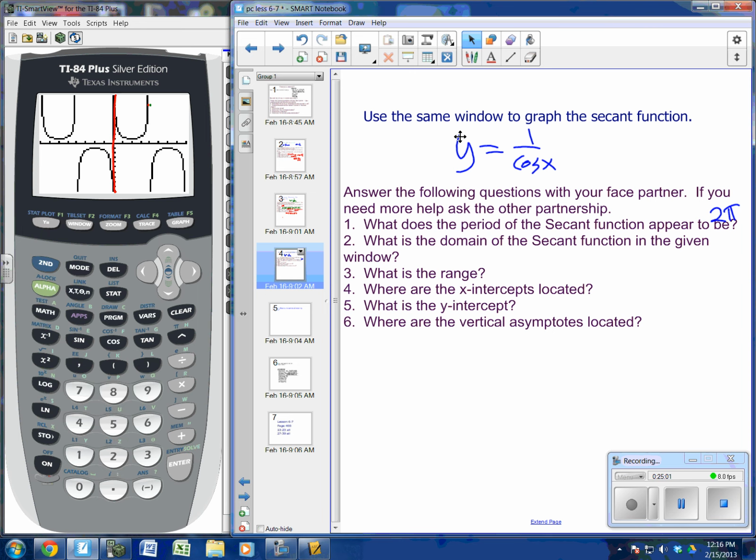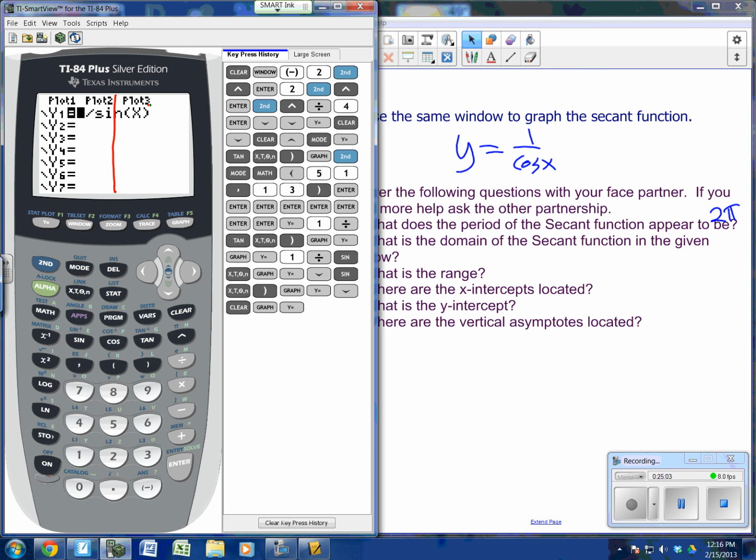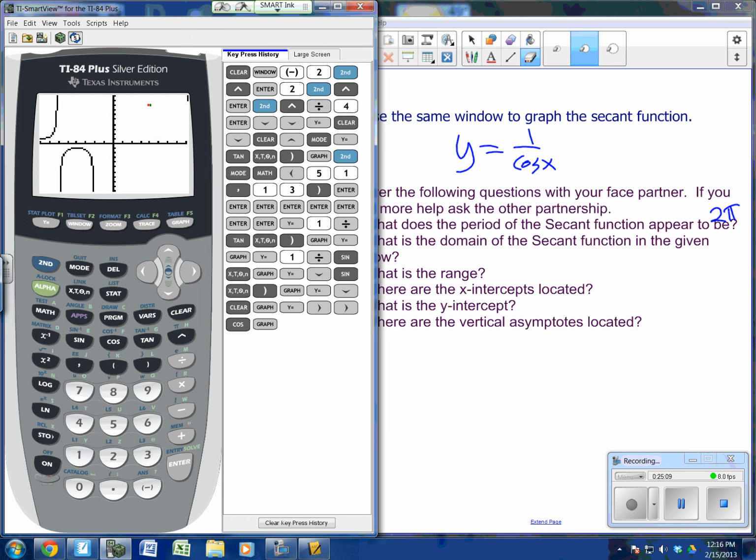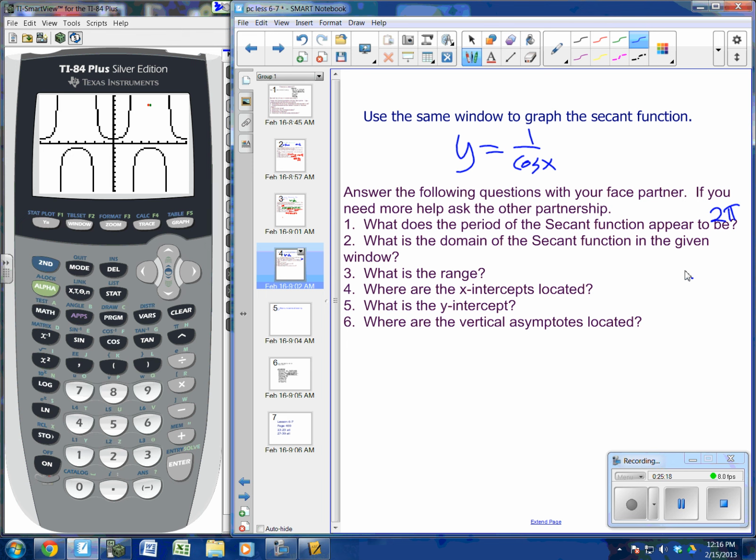I guess I should graph it in here, huh? Okay. What is the domain? All reals.